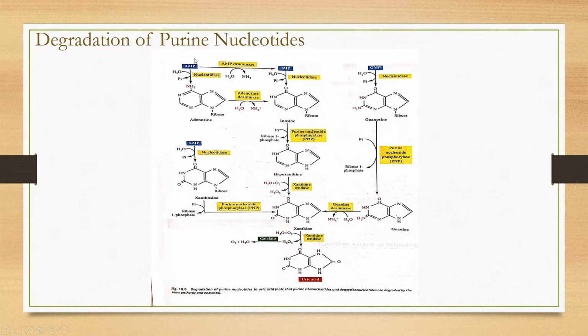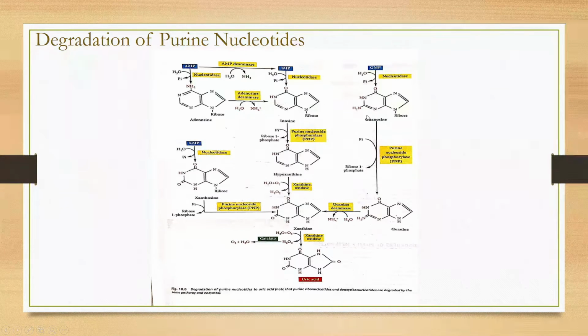So AMP goes by AMP deaminase to IMP, and adenosine goes by adenosine deaminase to inosine. The nucleosides are inosine and guanosine, and guanosine comes from GMP.